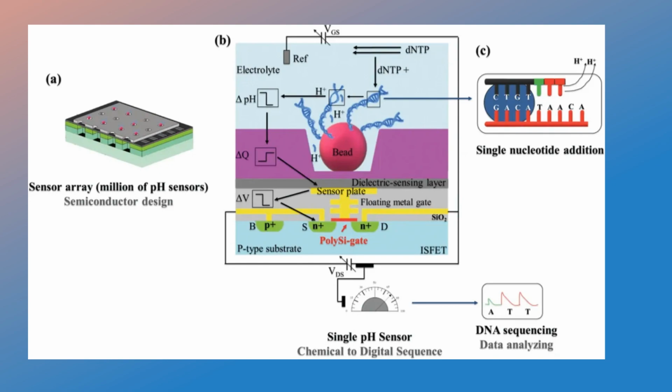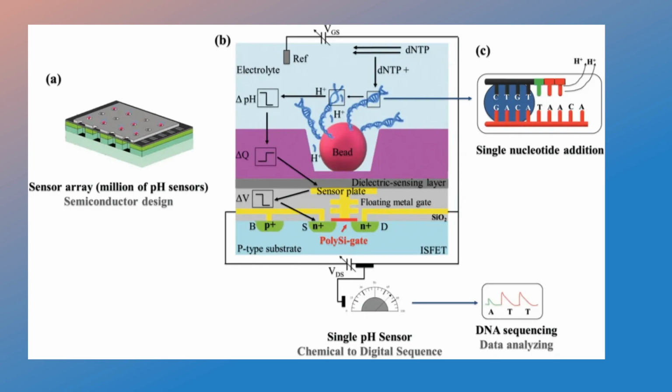One bead fits into each of these wells first, and then you put on your solution with your bases in it. And if the base can bind to the bead, it will, and it will give off a hydrogen ion like in C with the growing chain, and it will give off a voltage from the pH.